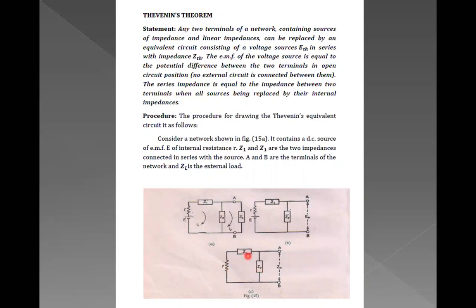So R plus Z1 is the equivalent of these two, because with respect to the terminals A and B, these two are in series and the resultant is in parallel with Z2. According to the formula, if two resistors are in parallel, then the resultant is 1 by R1 plus 1 by R2. So this is the resultant impedance ZTH: 1 by ZTH should be equal to 1 by R plus Z1 plus 1 by Z2.